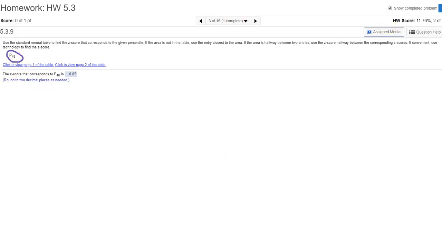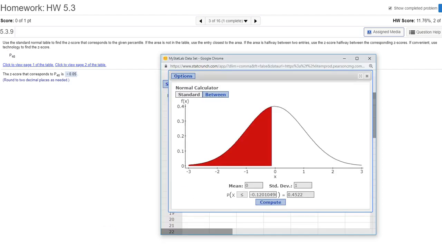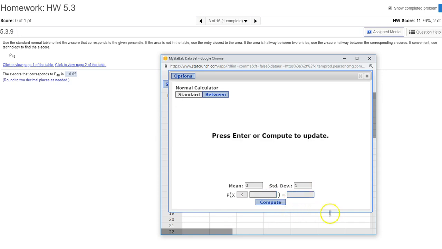Okay. So same thing. I'm going to open my StatCrunch, which is right here. Okay. I think right here, this is my StatCrunch. So I'm going to delete what I had before. I have to plug in my area, which is 48 in here.